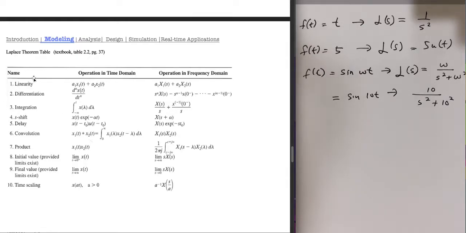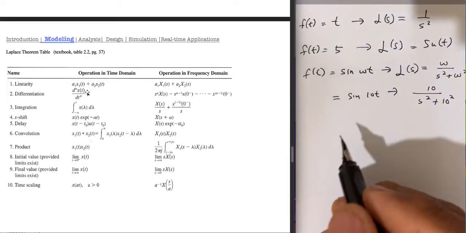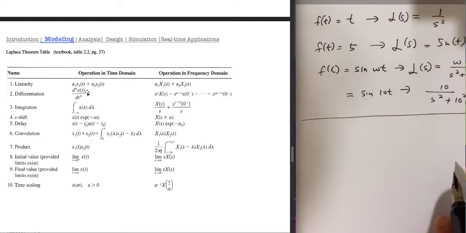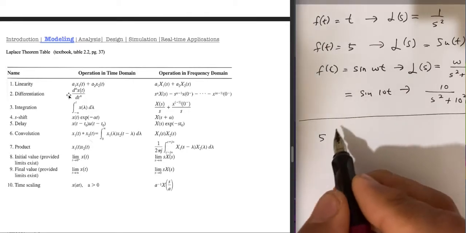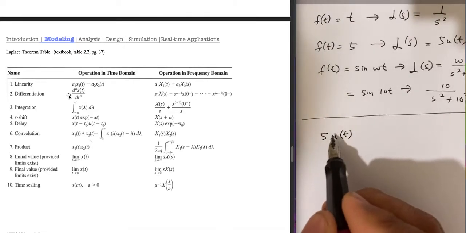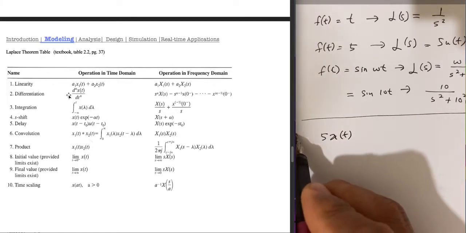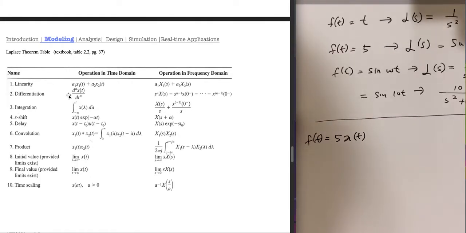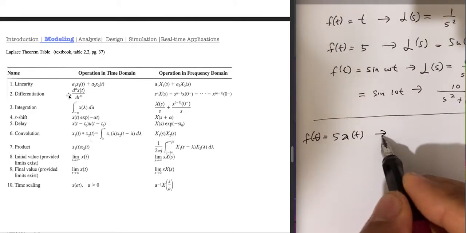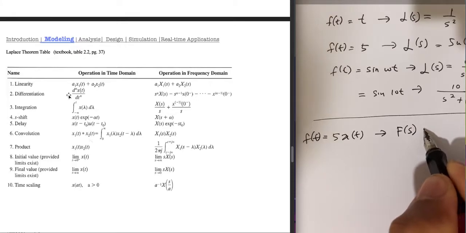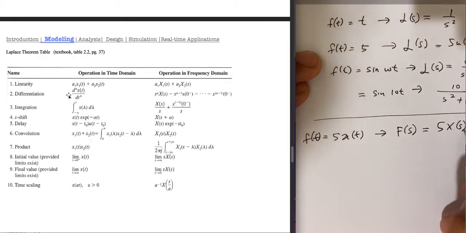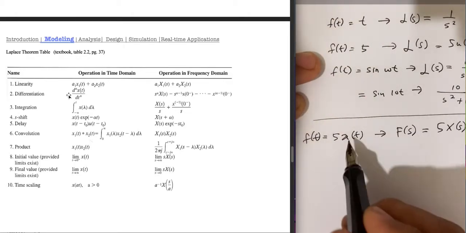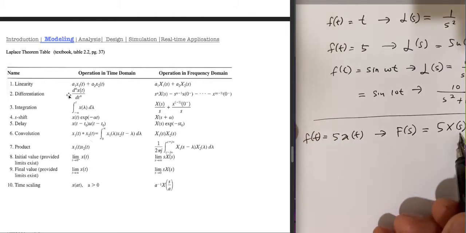All right, the next one is we could use the Laplace theorem table here to transform the time domain function into frequency domain. For example, for linearity theorems, if we have f of t equal to 5x(t), we could convert to Laplace F of s equal to 5X(s). So you just capitalize the x and then replace t with s.